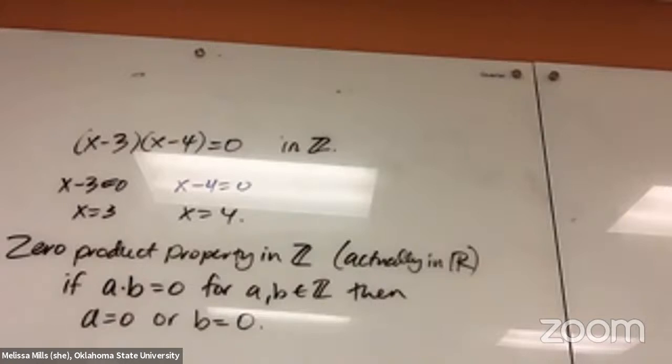And then the next one is to solve that equation in Z mod 8, again by checking all the elements in Z mod 8. Y'all can work together on this, so you can divvy up the responsibilities among your group. I did put in a multiplication table for Z mod 8 if that helps you.